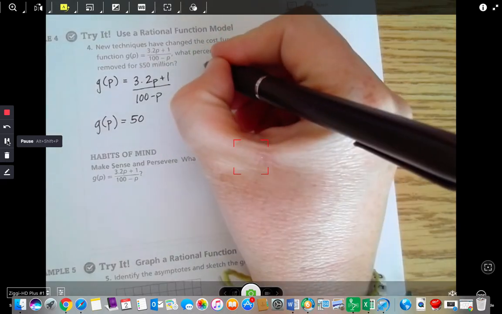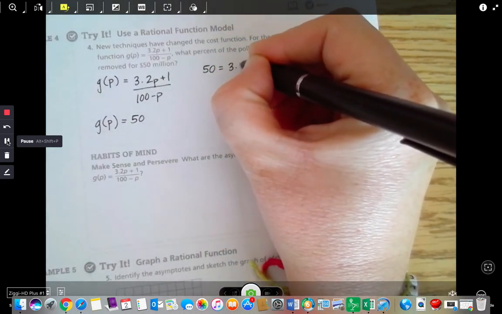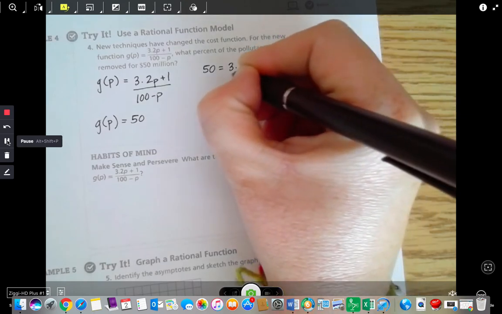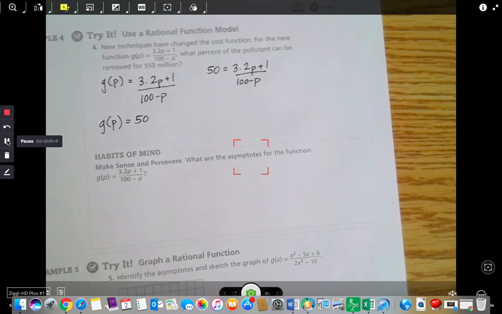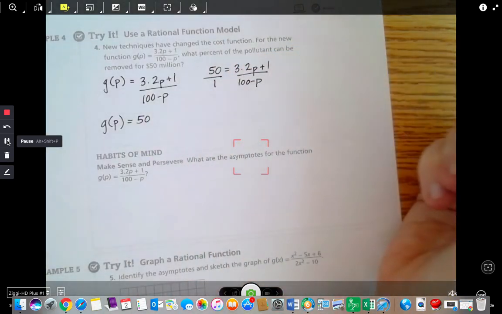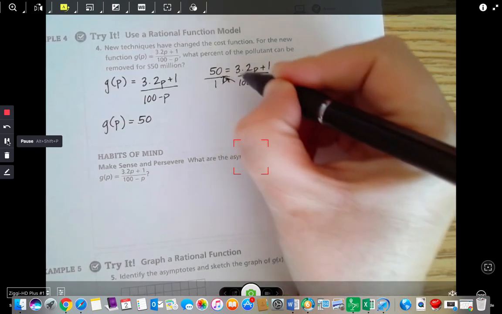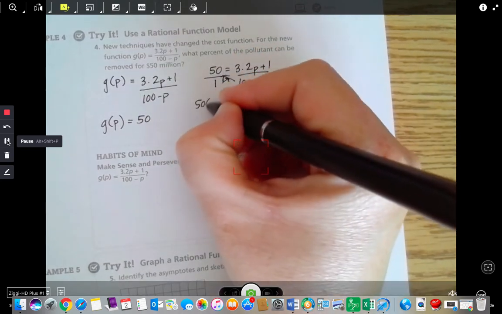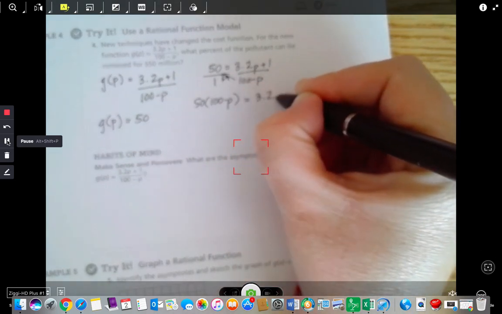So what I'm going to do is replace G of P with 50, and I say 50 equals 3.2P plus 1 over 100 minus P. And from there, I can cross multiply, right? So I've got 50 times 100 minus P is equal to 3.2P plus 1.